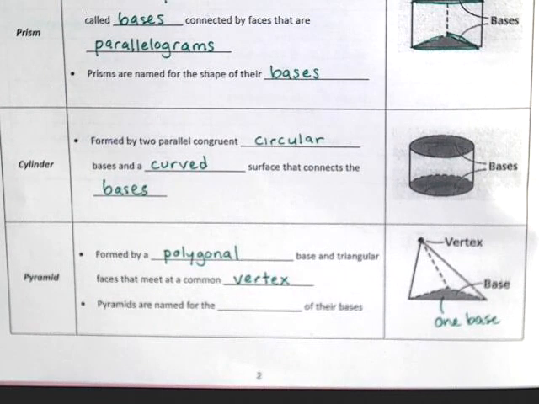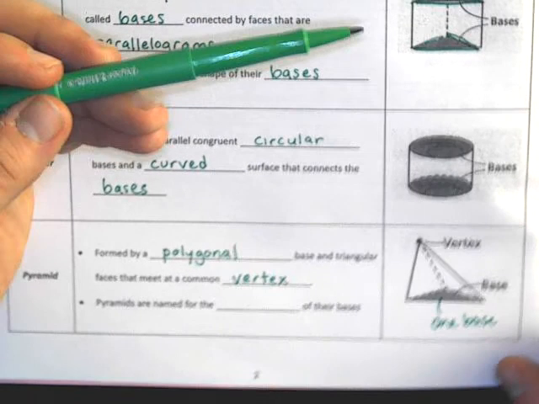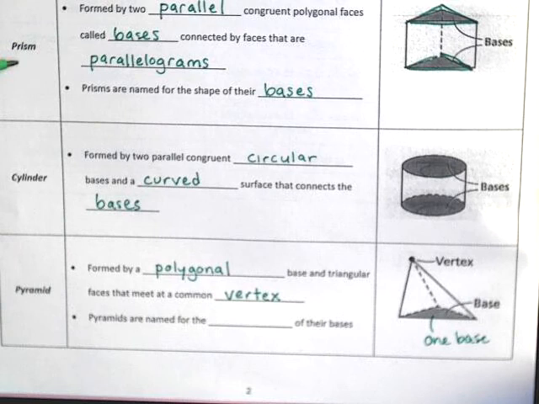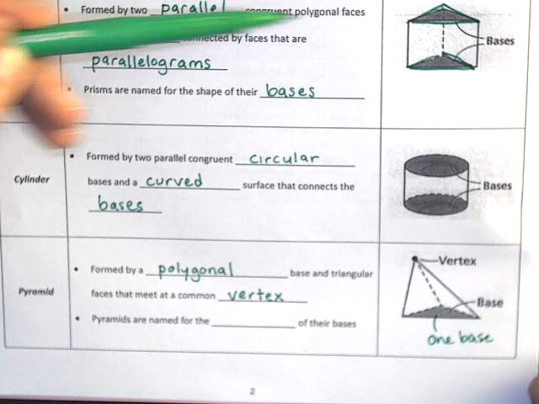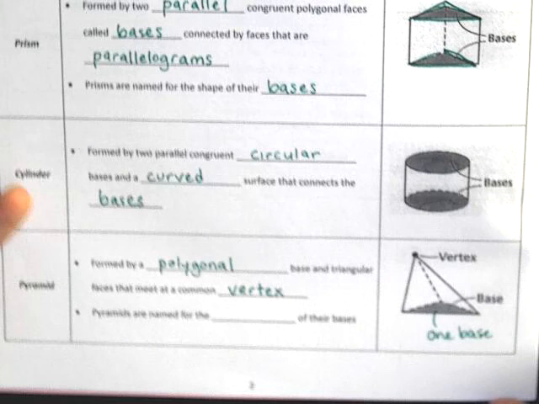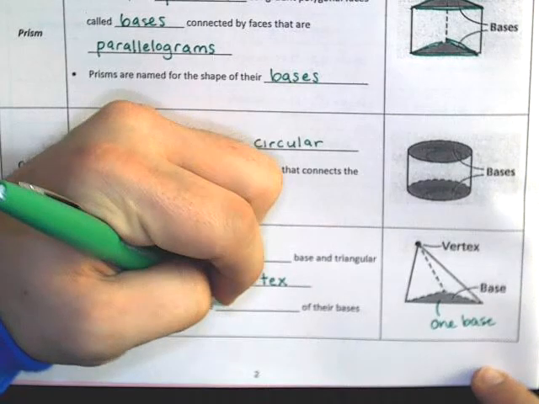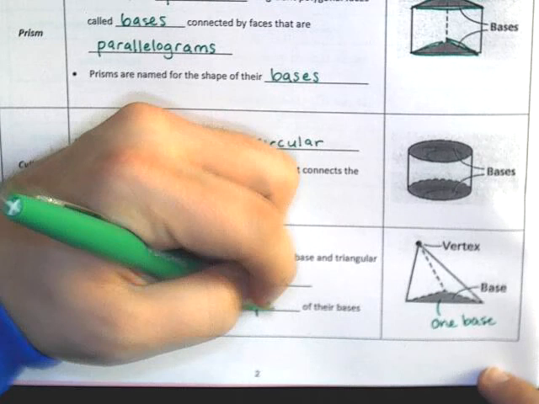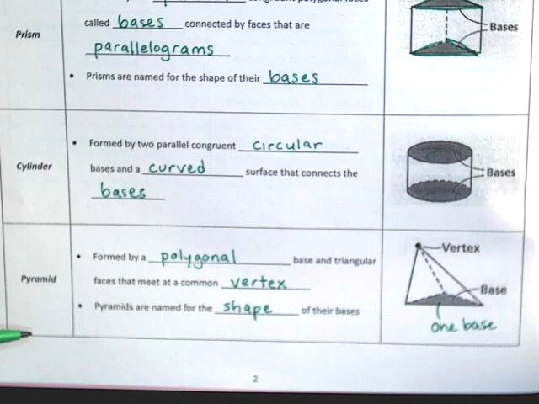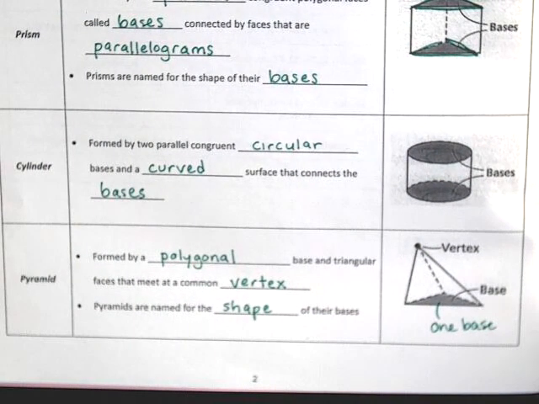That is a concept that distinguishes a pyramid from a prism. Notice above, in a prism, there are always going to be two congruent bases, and in pyramids there's only going to be one base. Lastly, pyramids are named for the shape of their bases. Again, it's very similar to prisms.